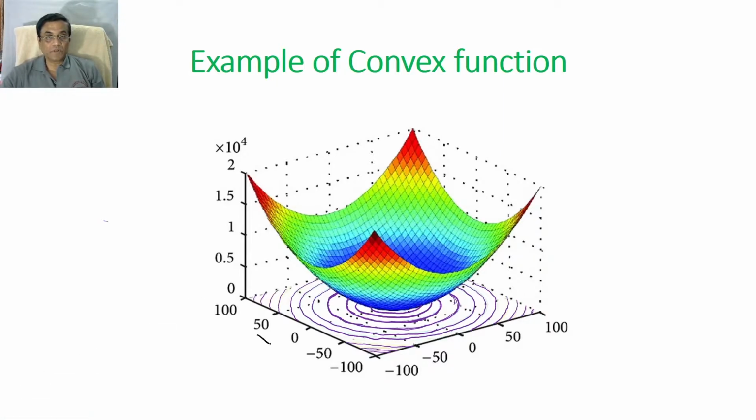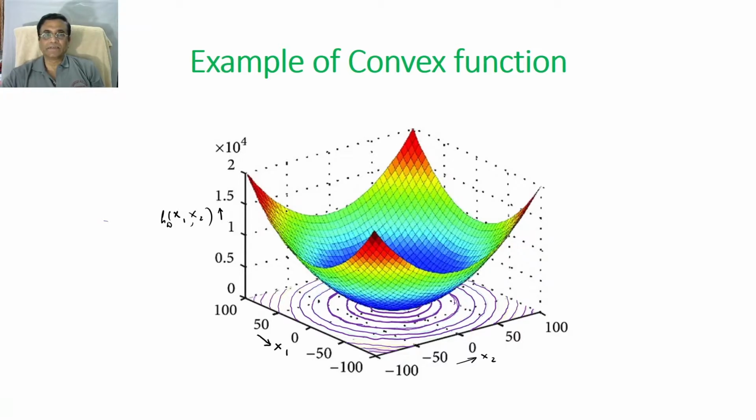I have plotted one feature along this, another feature along this, and say this is my predictor. So we can see our objective function nature is like this.